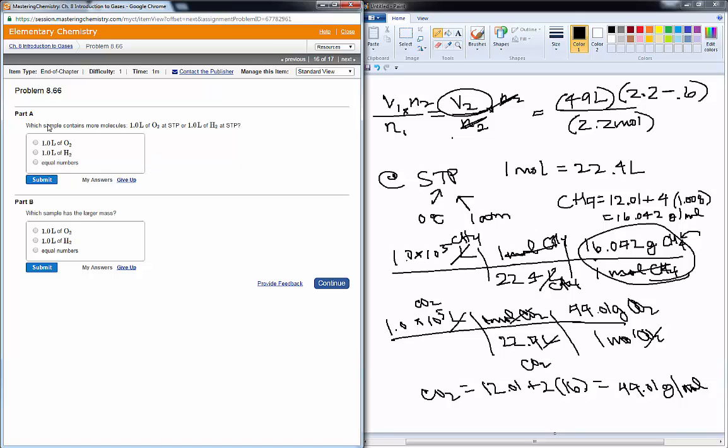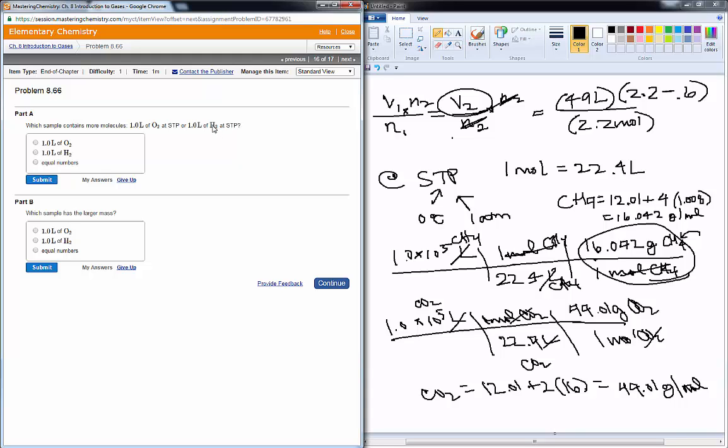All right. Which sample contains more molecules, 1 liter of oxygen or 1 liter of hydrogen at STP? Well, it's important to remember that hydrogen atoms are smaller than oxygen atoms, so hydrogen molecules are smaller than oxygen molecules. However, when it comes to gases, the size of the molecule itself is pretty much meaningless because there's so much empty space between them.